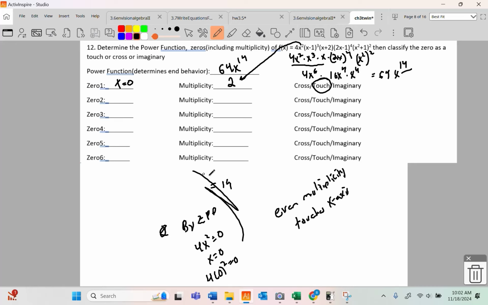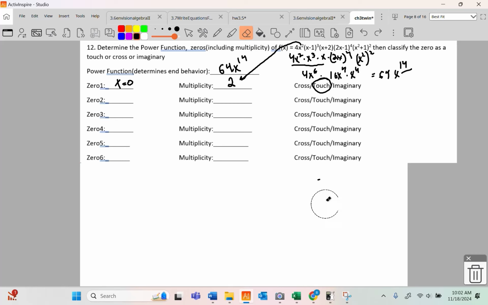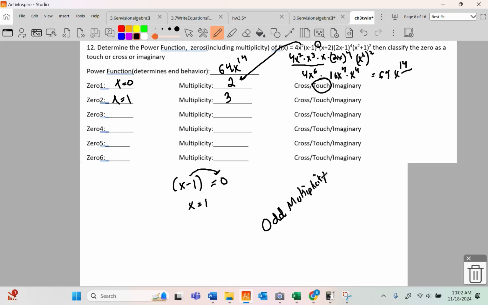My next zero is created by this factor, x minus 1. And it's just a simple run over: x is 1, change sign. The multiplicity comes from the exponent of 3, and 3 is odd. Odd multiplicity crosses the x-axis.